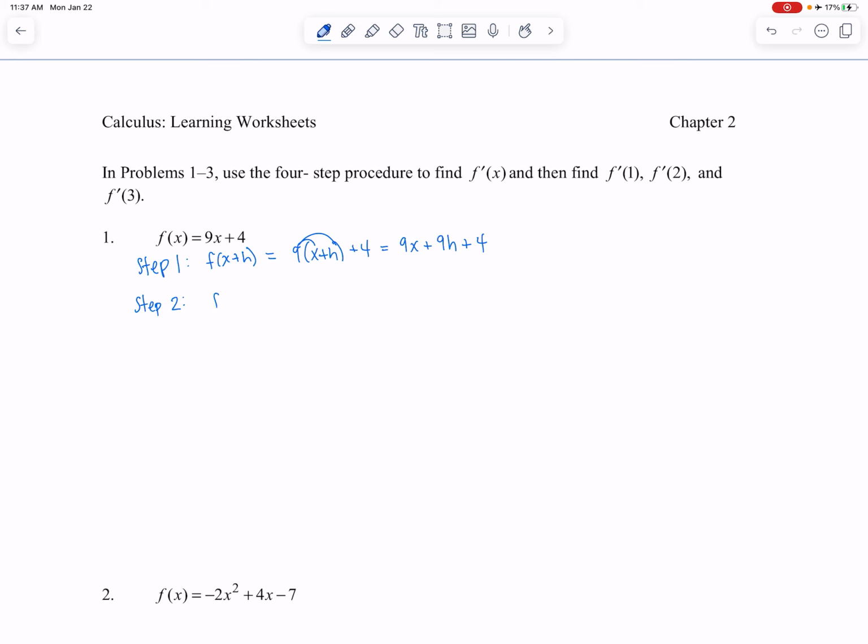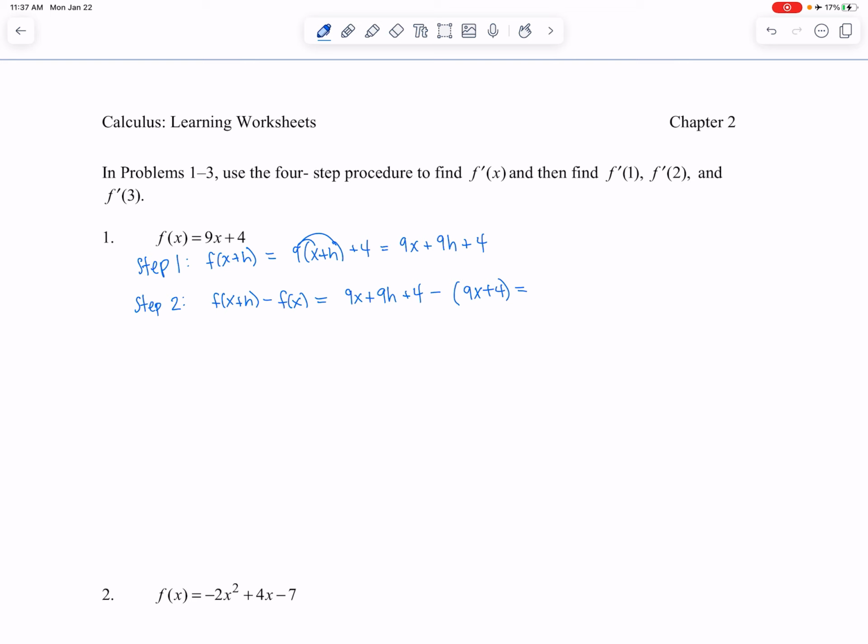And we take f of x plus h, and we subtract off the original f of x. So my f of x plus h was 9x plus 9h plus 4, and I'm going to subtract my original f of x. So I'm going to put it in parentheses because I'm subtracting the whole thing: 9x plus 4.